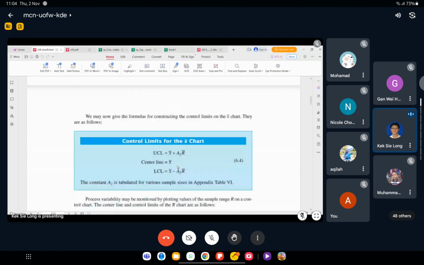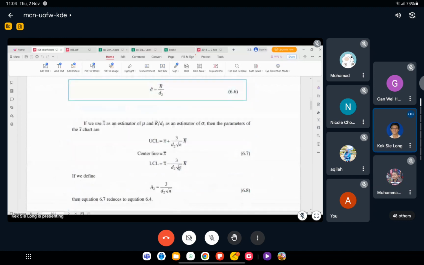But for this formula, 6.7, maybe some of you are still blur. Before we write 6.7, actually we can write the formula in the form we are familiar with, and then we simplify it and rewrite it into 6.7. And then you understand.